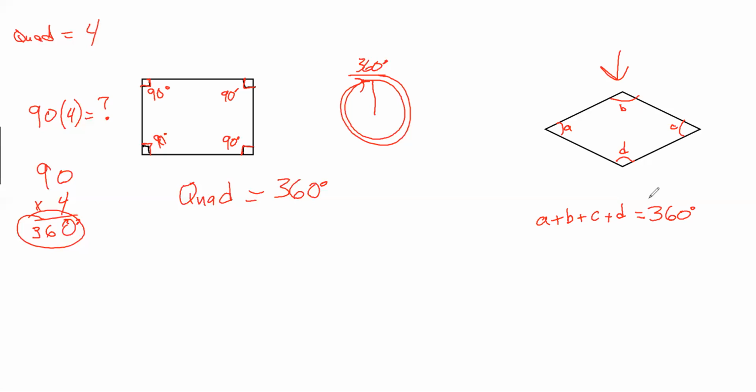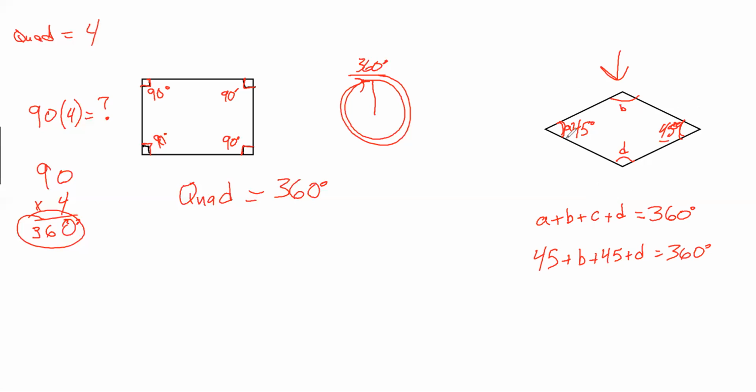So if A and C are the same angle, and if we say that A and C are 45 degrees, then we can say 45 plus B plus 45 plus D equals 360.